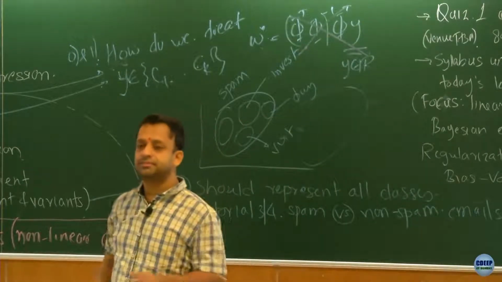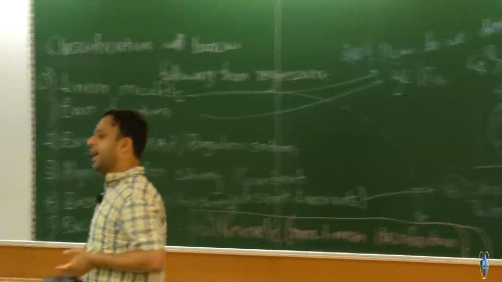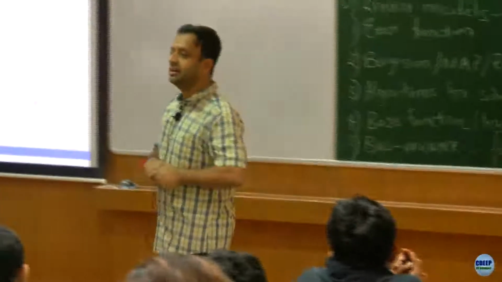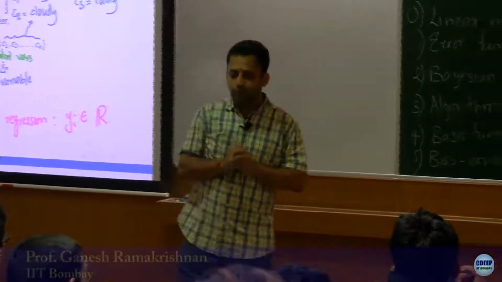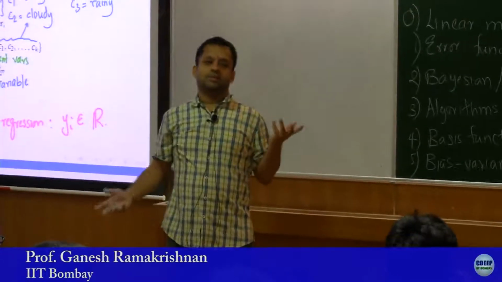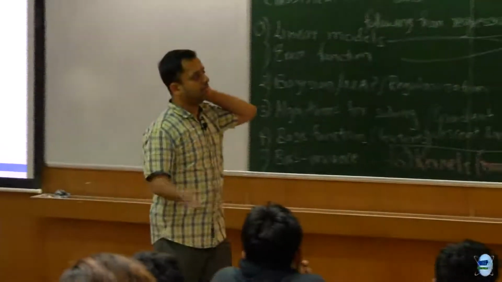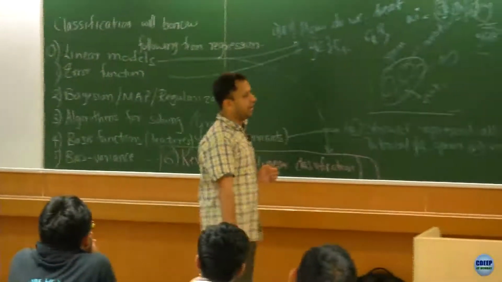What is one hack? Let's say I just learned so much on linear regression that I want to apply it for classification. What would you do? For each of these you'll say 1, 2, 3, 4, 5. So Sunny is 1, Rainy is 2, and so on, right?